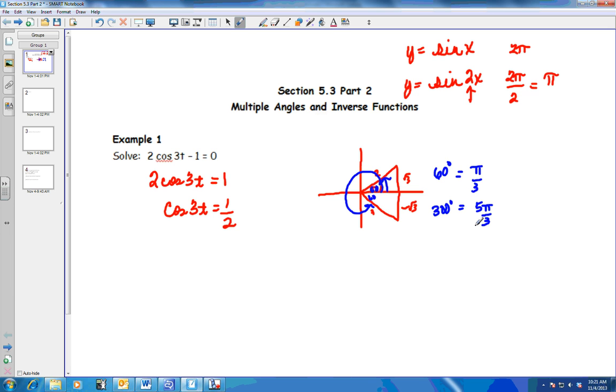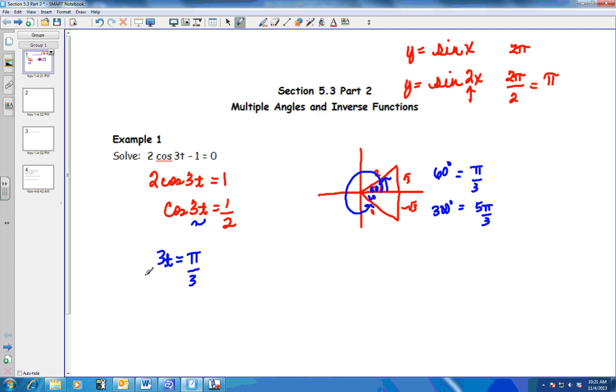Now that used to be our answer, but here's how we're going to write this. My angle, which before was just t, is now 3t equals pi over 3. And since they want all answers for this, remember our answers for sine and cosine, the period is 2 pi.